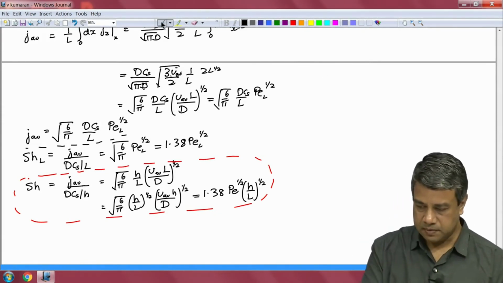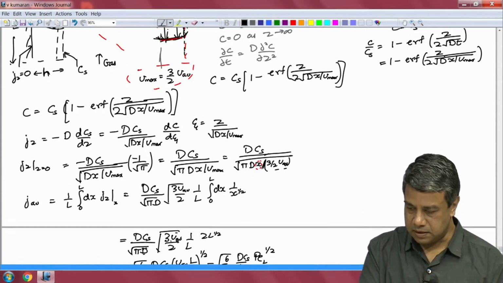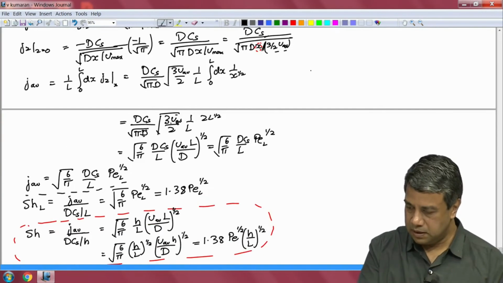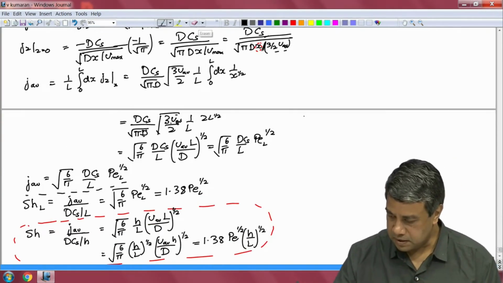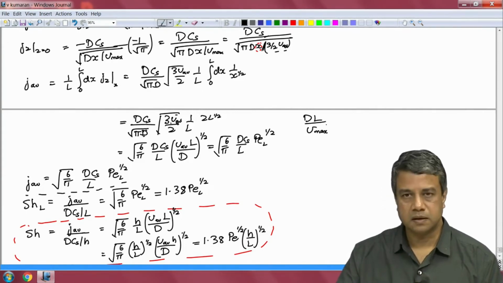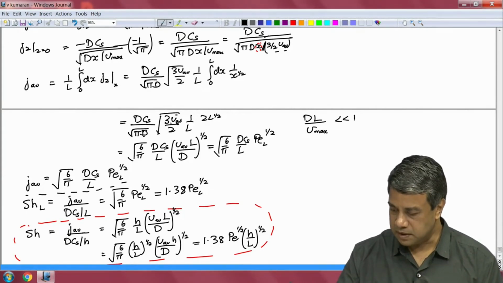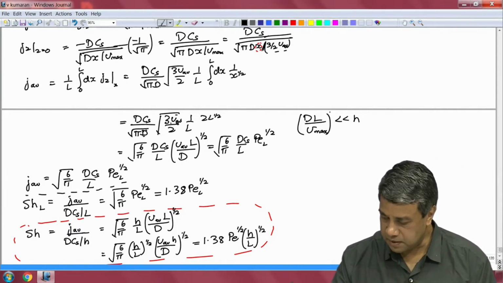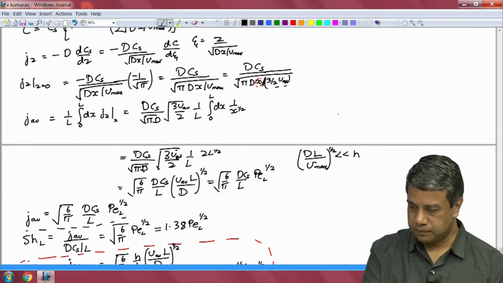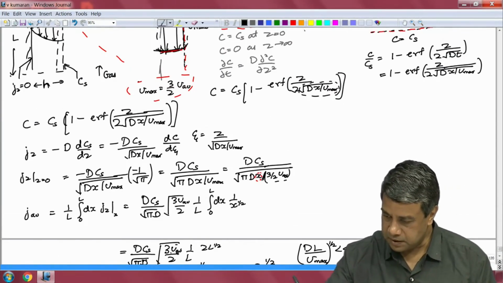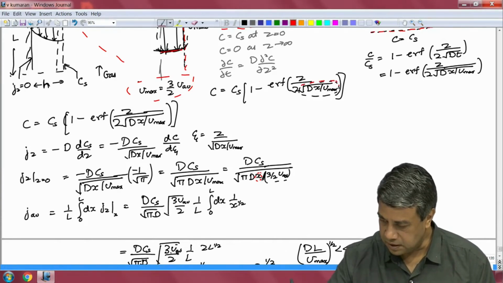The characteristic length scale at a distance L is this one. So, the penetration depth, D L by V max power half, has to be much smaller than H. The penetration depth is the denominator of this equation, square root of D t, where t has been expressed as L by V max.